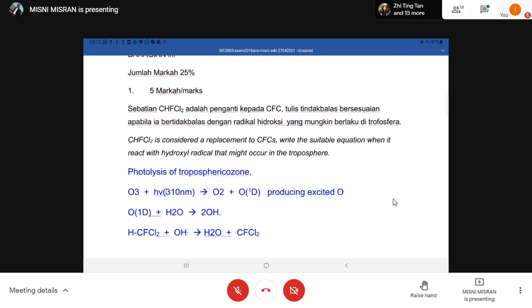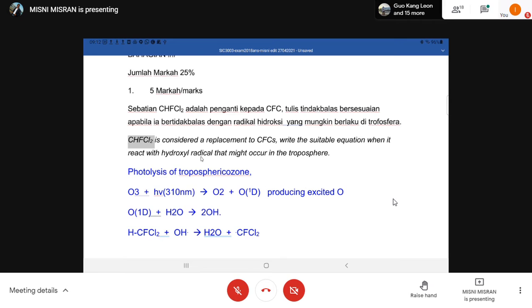Now, what is responsible with OH? Okay, you can write several maybe different reactions with the OH. So it is basically you talking about CHFCl2.